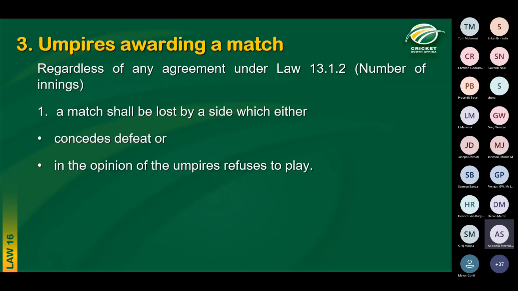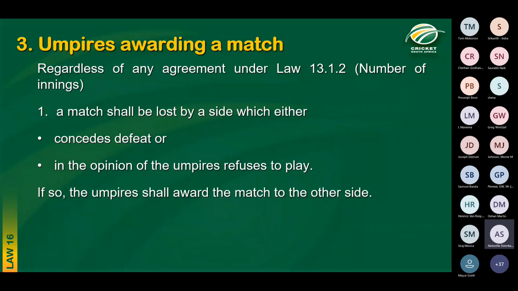A match shall be lost by a side who either concedes defeat or, in the opinion of the umpires, that side refuses to play for whatever reason. If a side either concedes defeat or refuses to play, the umpire, as per the law, can award the match to the other side.